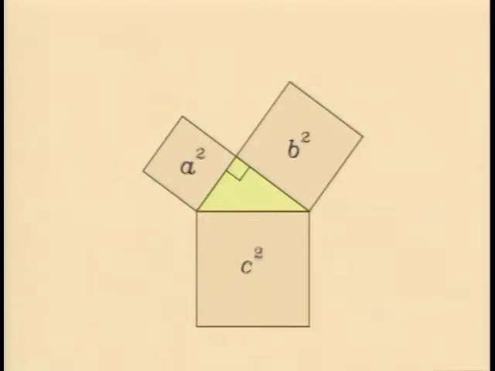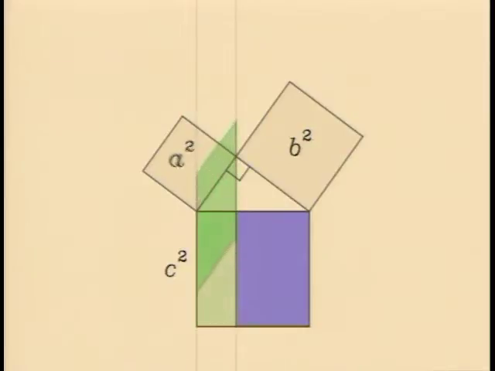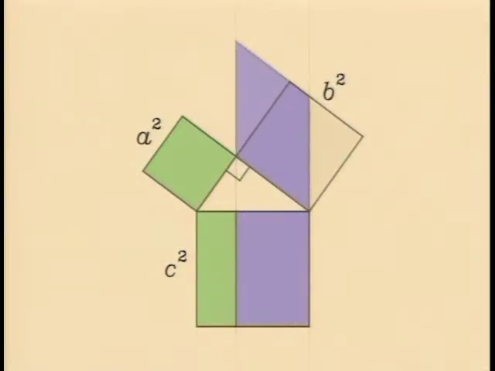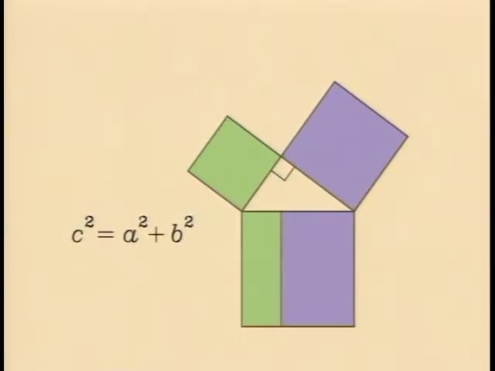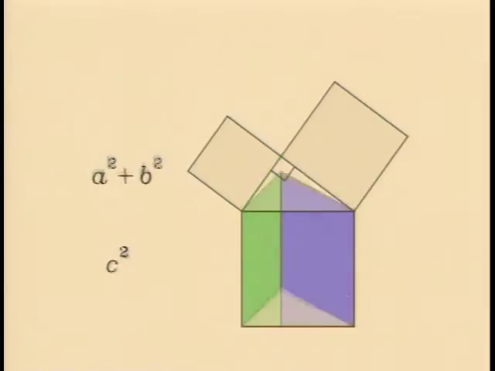There's another way to look at this by thinking about our proof of the Pythagorean theorem. These two rectangles fill the square of area c squared. And for a right triangle, they fill the two squares of areas a squared and b squared. Now look at a non-right triangle.